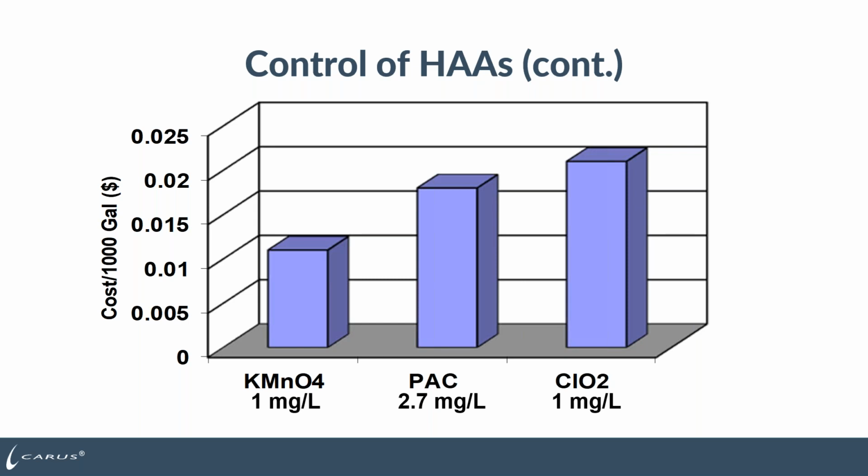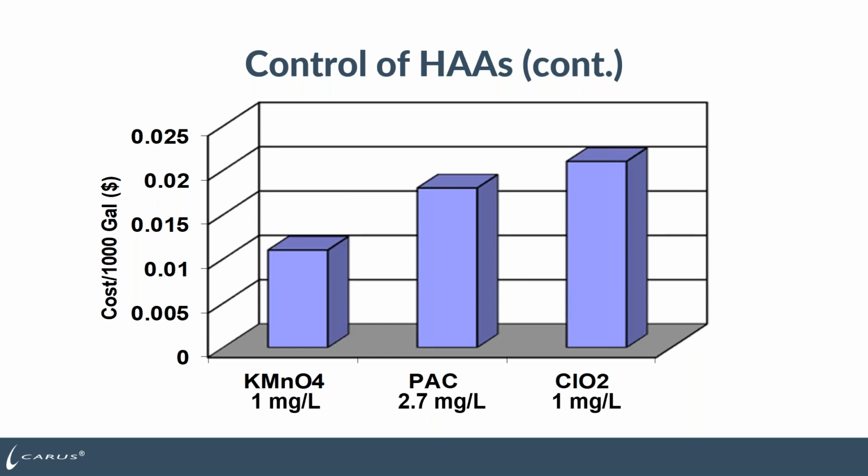Now, I did mention that they used multiple ways to get to their treatment goals. And what they found was that all the products they used worked. So potassium permanganate, powder activated carbon, and chlorine dioxide were all able to be used at the front of the plant for treatment, and they were able to get their HAAs under control.